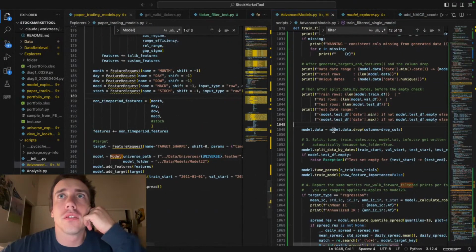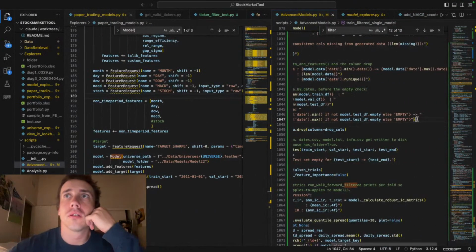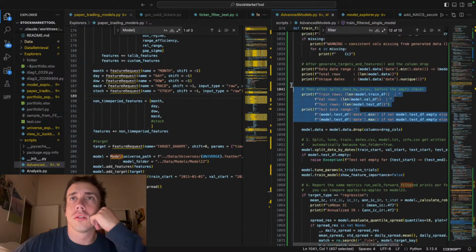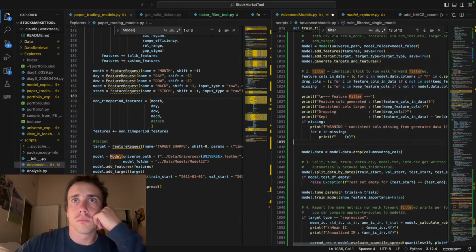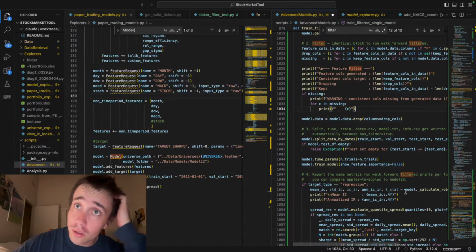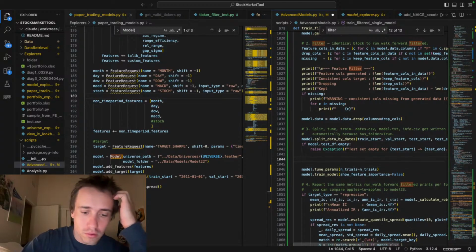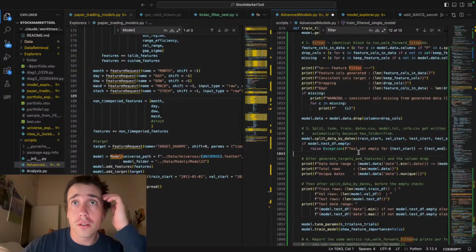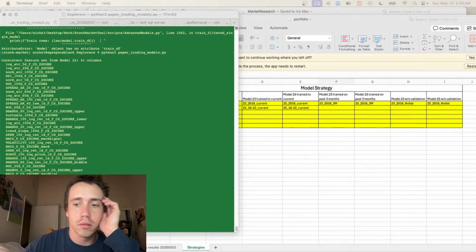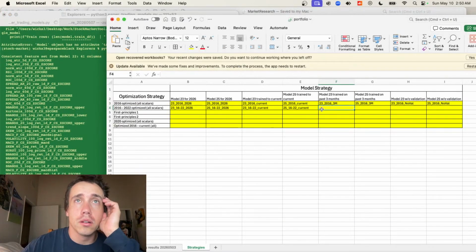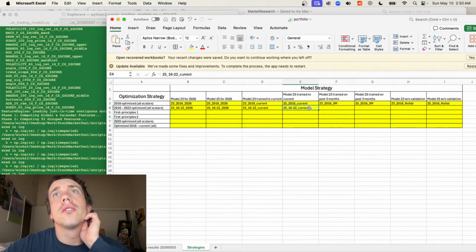Oh, so this needs to go after the data split. Train model, tune params, split data by dates. Okay, so we'll put it here. '25, 16 to 22 current.